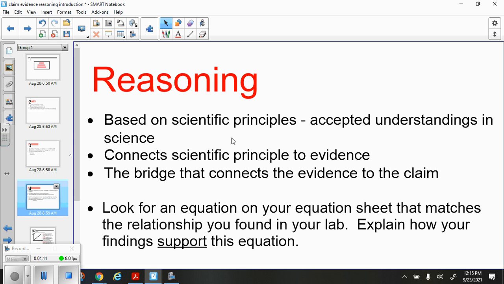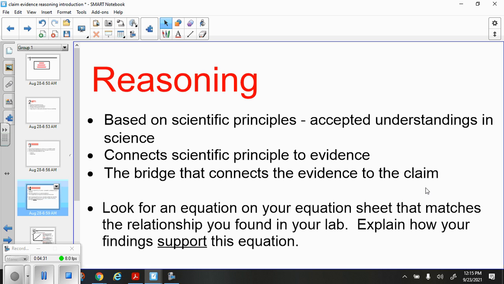So this should always be based on scientific principles and accepted understandings, and these are on your equation sheet. You're connecting those scientific principles to your evidence. So you're connecting it all together, and you're connecting that back to the claim. So everything is all connected.